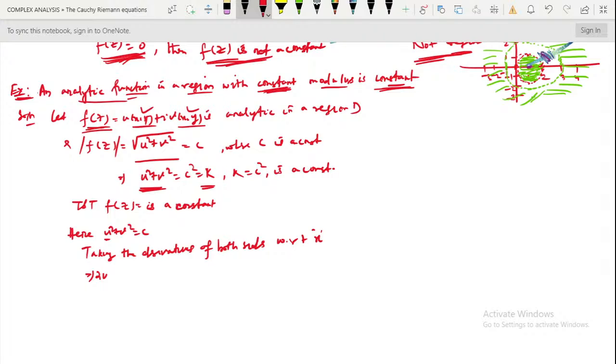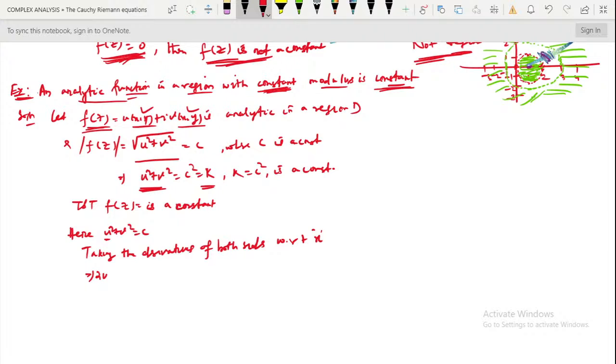So now apply the CR equations. What are the CR equations? ux equals vy and uy equals minus vx. I will apply them in such a way that all the things would be in u.